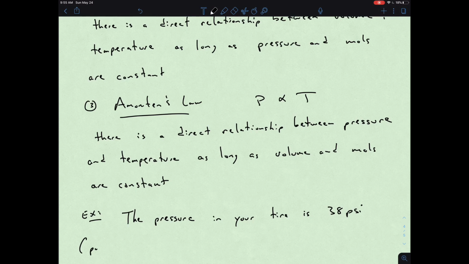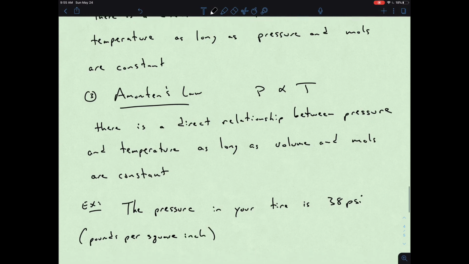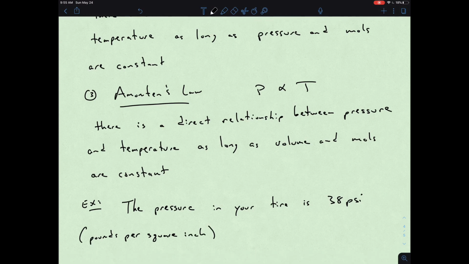That's another name for pounds per square inch, so kind of an Americanization of that term. So the pressure in your tire is 38 psi at 23 degrees Celsius.